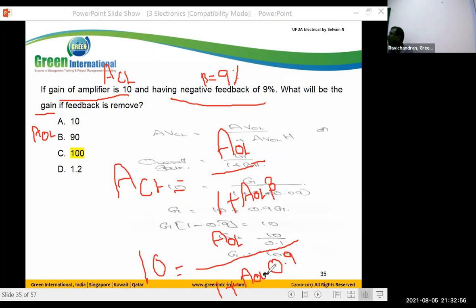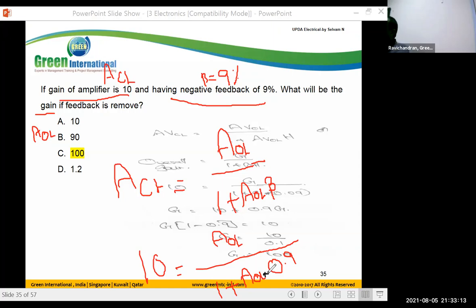In this problem, we always make a mistake. 9% means 0.09, but due to our habit, we put 0.9.